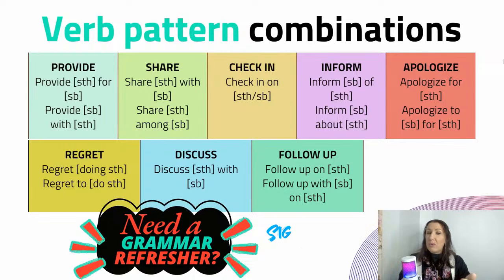You follow up with a person on something. So you can follow up with your colleague on the final report for 2024. You discuss things with somebody. You inform somebody of something. You apologize for something, or you apologize to somebody for something, and so on and so forth.